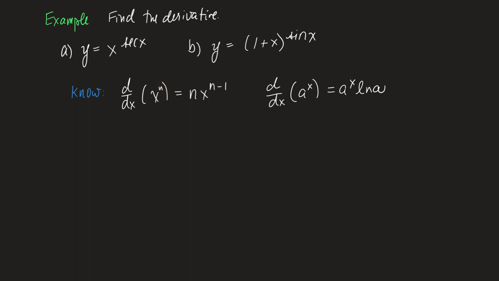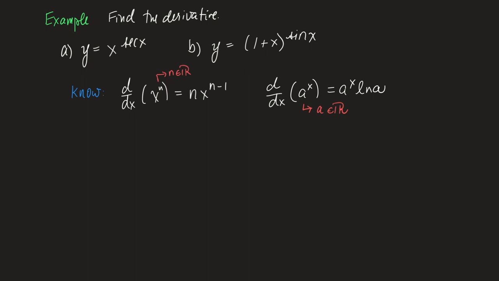And we know that the derivative of a to the x is a to the x ln a when a is a constant. The key here is that we know this when n is a real number, and here when a is a real number.